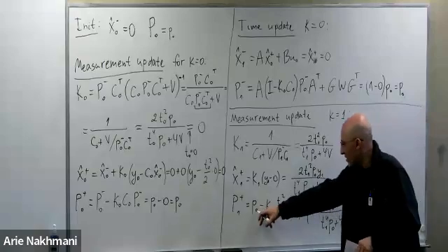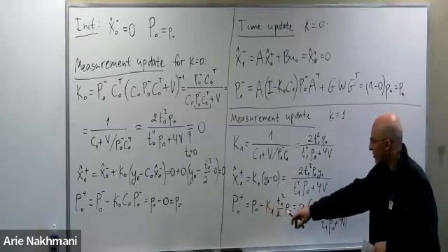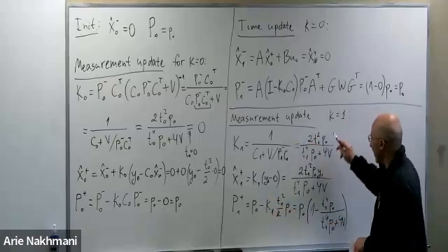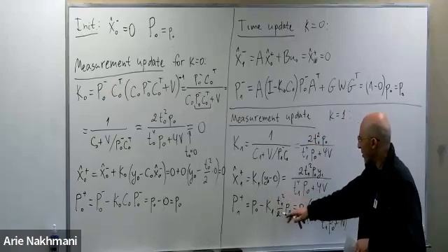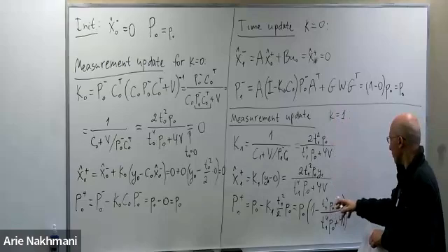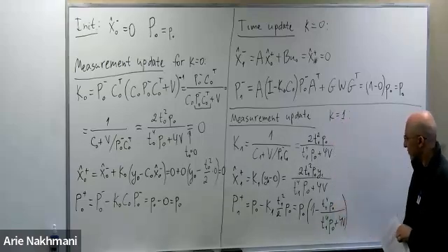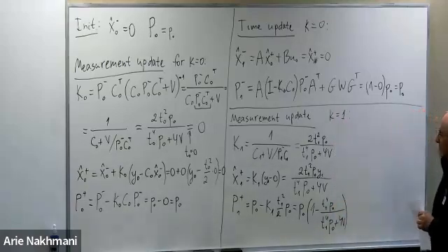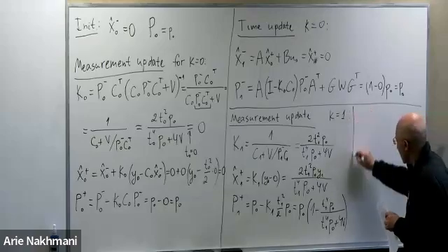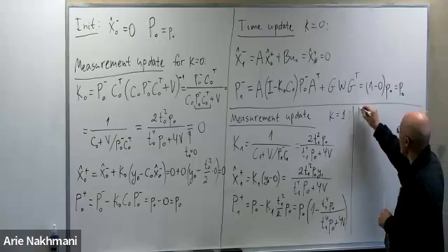So I'm taking P0 out of the parentheses here. So here you have 1 minus K1, which is that thing, times T1 squared. So T1 squared multiplied by T1 squared will be T1 to the fourth power, and so on. You get that kind of stuff. Okay. And the last thing is time update.